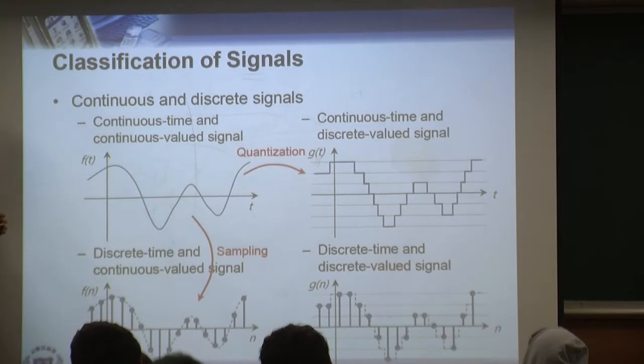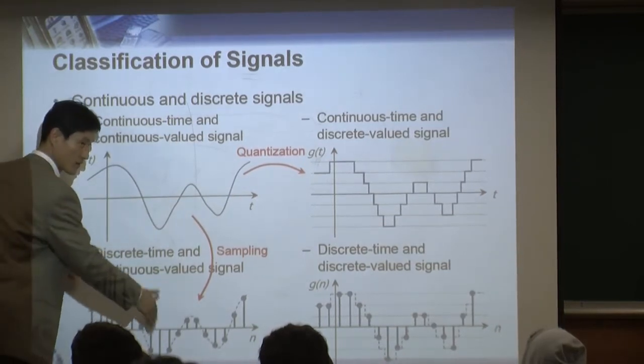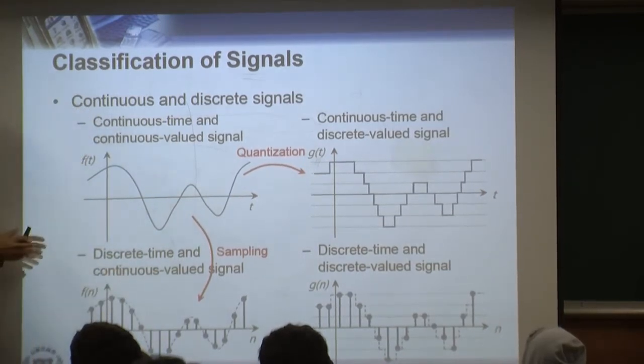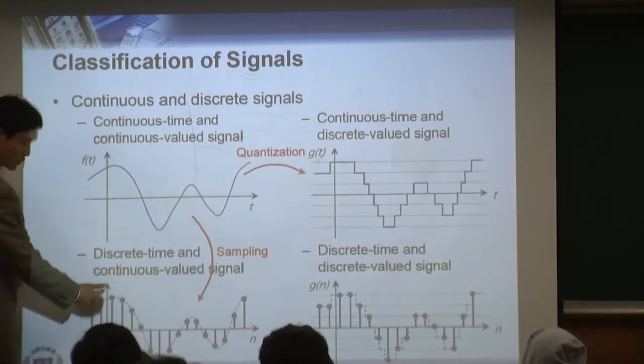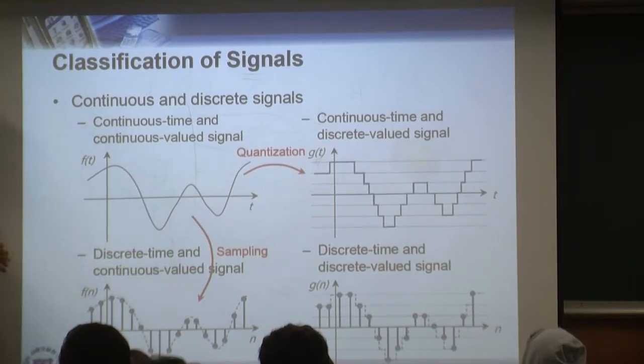But if you take 2 kilohertz of sampling, the sample duration is 0.5 millisecond. So you sample it more finely, finer samples. That's what you do in sampling. Generally, if you sample with a high sampling frequency, that's generally better.